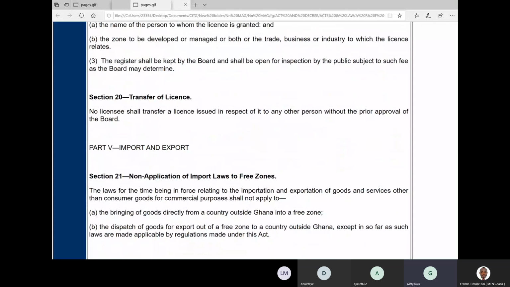So no licensee shall transfer a license issued in respect of it to any other person without the prior approval of the board. What are they trying to say? And under what circumstances can it happen? Is it possible it will happen? And what will be the tax implication?